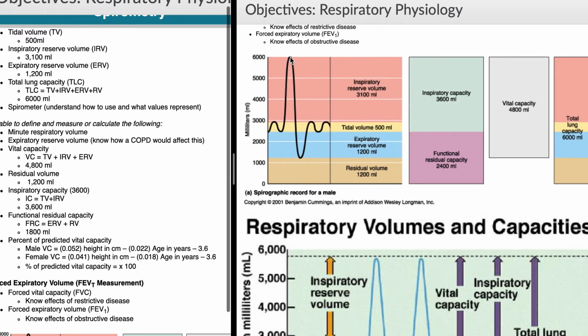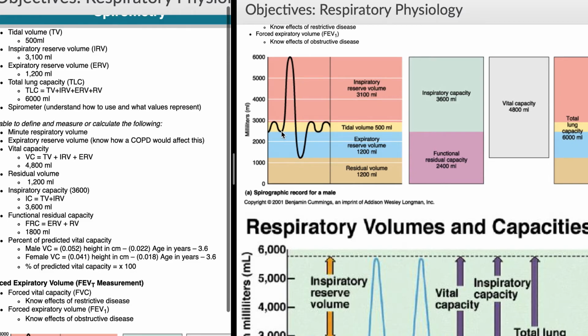Let's say it's 6,000 milliliters. That would be pretty impressive. So you've got all that air in your lungs, and now you let the air out, all the way back out to the bottom of your normal breath. So that's what that big arc is representing. So tidal volume is actually the first 500 of that maximum breath in.